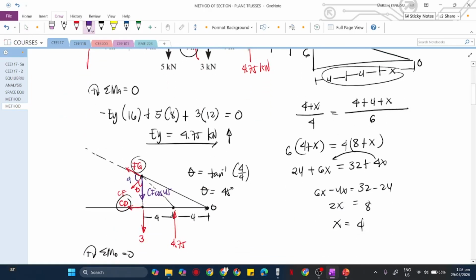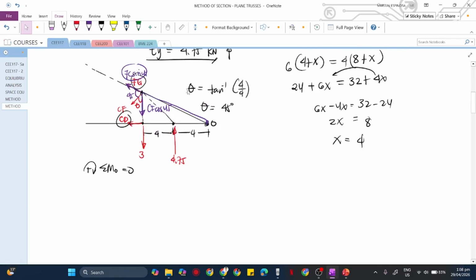This component is FC sine 45, wherein FC sine 45 touches point O. So the only component with moment is CF cosine 45. With that, we can get CF.